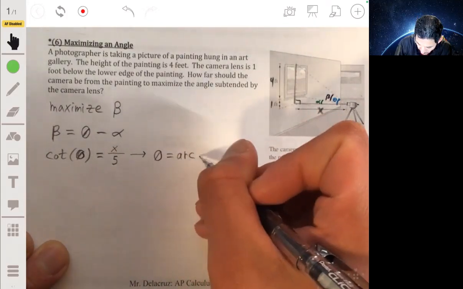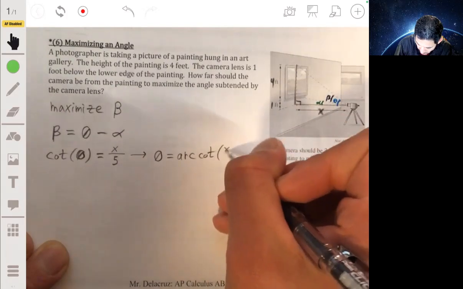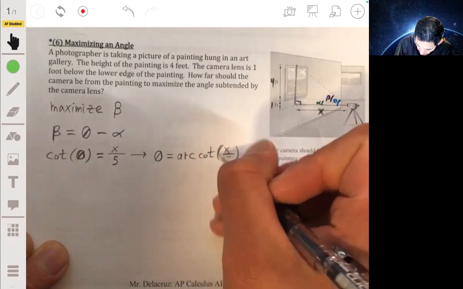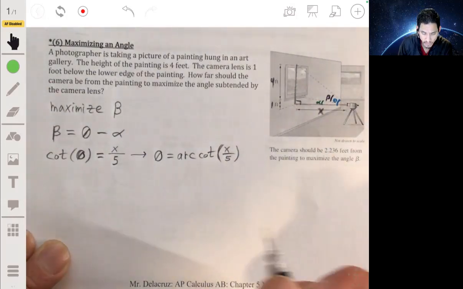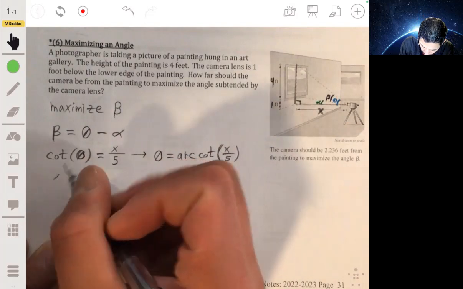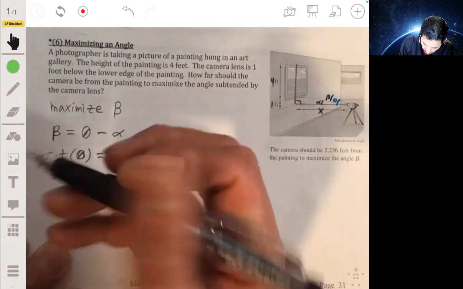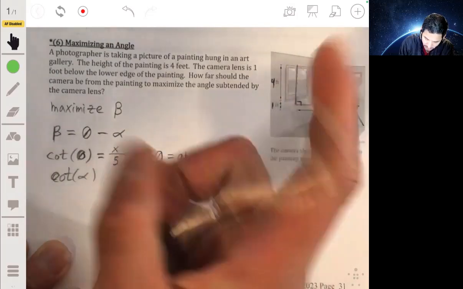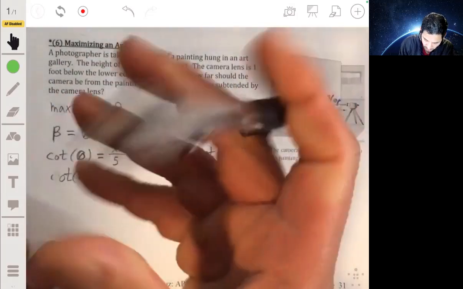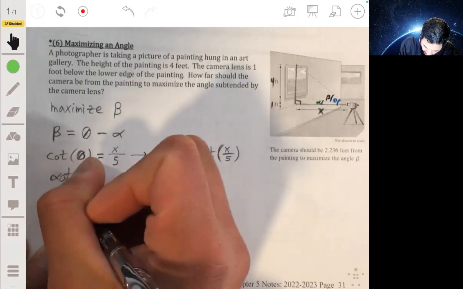So theta is equal to the arc cotangent of X over 5. Now alpha, we're also going to use the cotangent of alpha to solve for a function of alpha in terms of X.